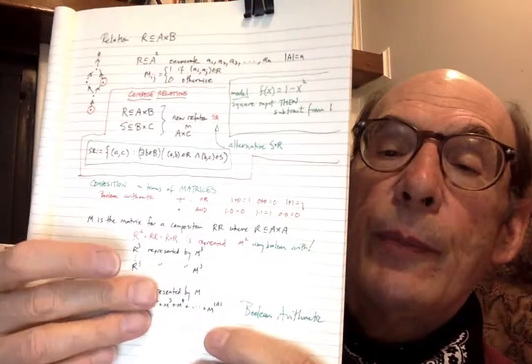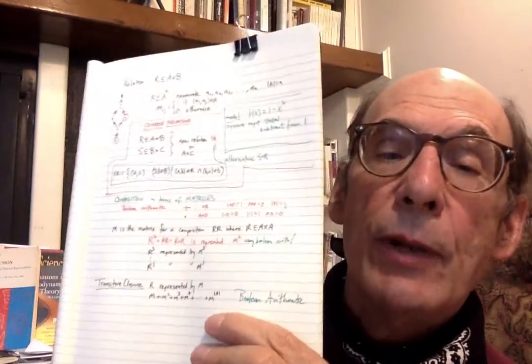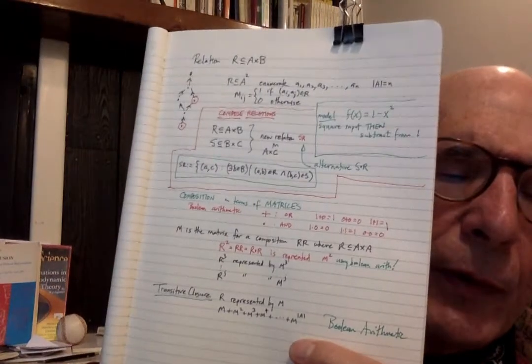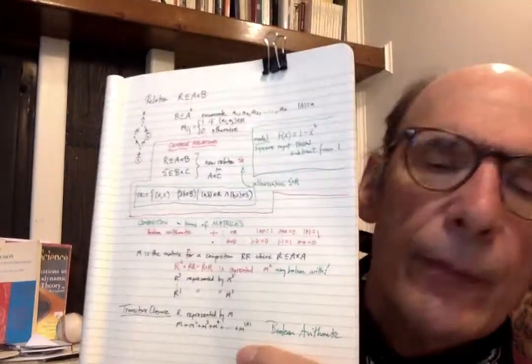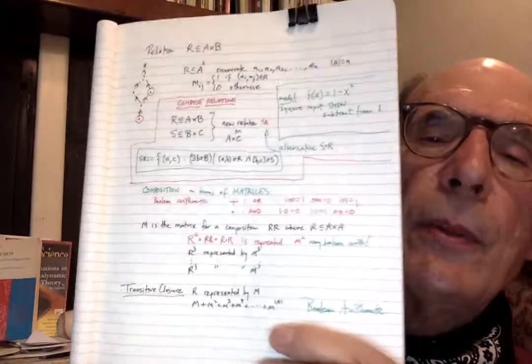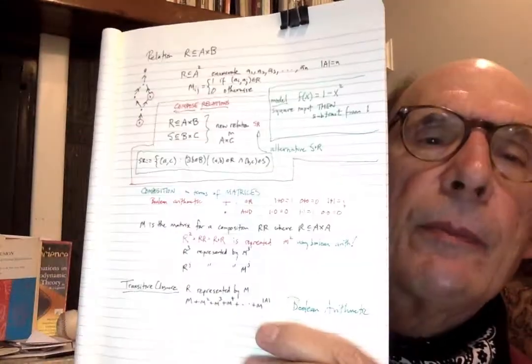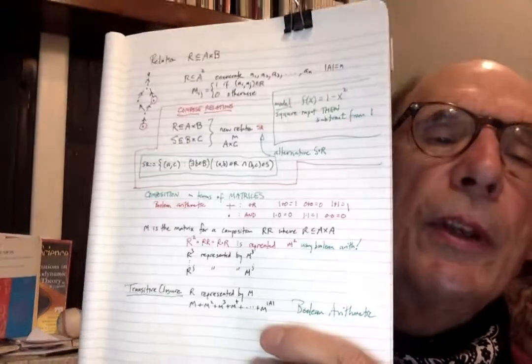But you'd have to remember to be doing the matrix multiplication in Boolean arithmetic. Okay, so that's the transitive closure, and we'll see this again when we come to doing graph manipulations.